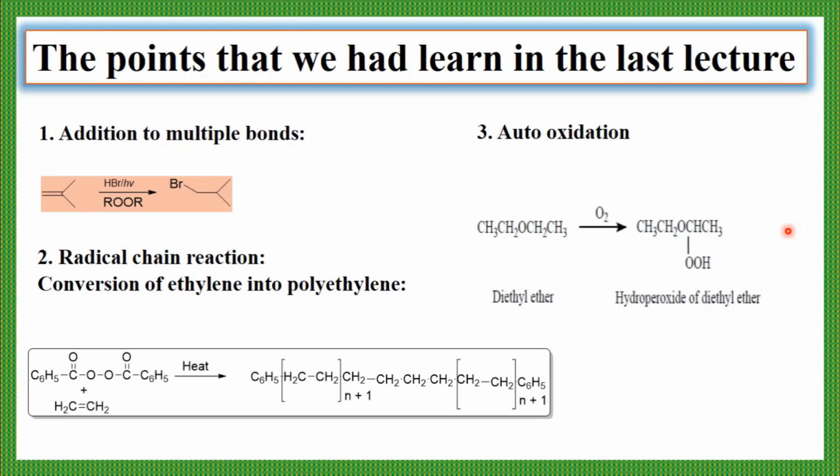The mechanism involves abstraction of hydrogen from the carbon bearing oxygen by an oxygen molecule, leading to the formation of an ether radical and a hydroperoxide radical. Then these two radicals react with each other to form the ether hydroperoxide. This is what we learned in the last lecture.